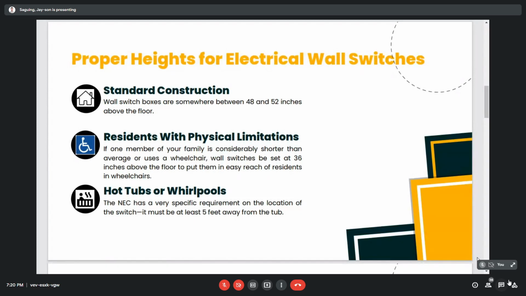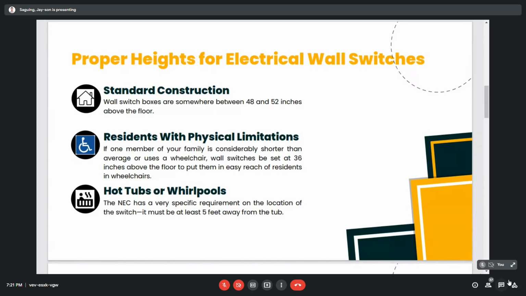According to NEC, there is a very specific requirement on the location of the switch. It must be 5 feet away from the tub, so it is far from the tub so it won't get splashed and wet. The switch should also be mounted high, at 48 inches or above. These vary depending on the owner's specifications.